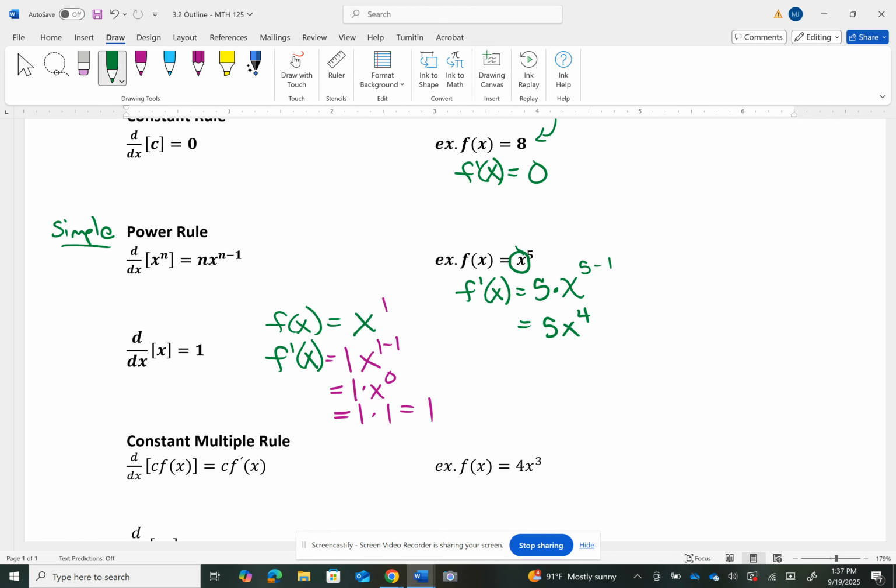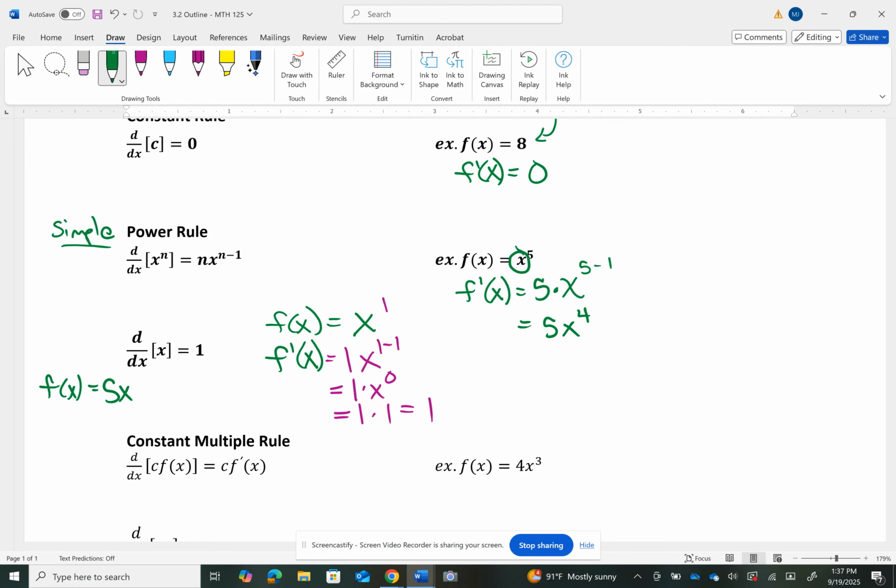Now if the function had been, let me write it over to the left, if f of x had equaled 5x, then we could use a combination of that along with the constant multiple rule that we're going to look at in a moment.